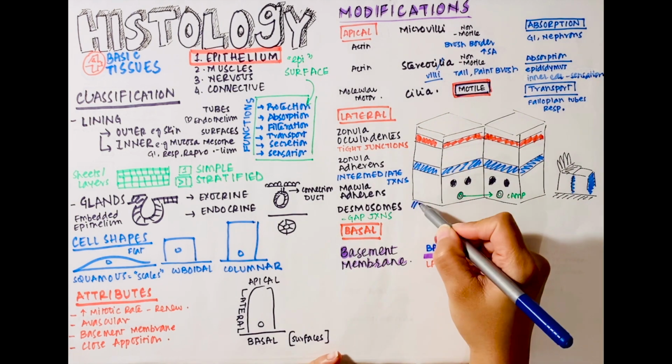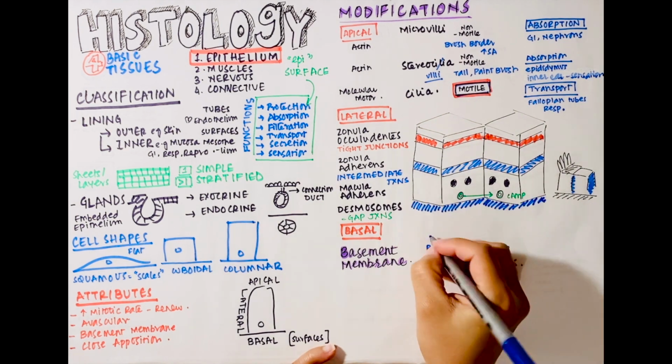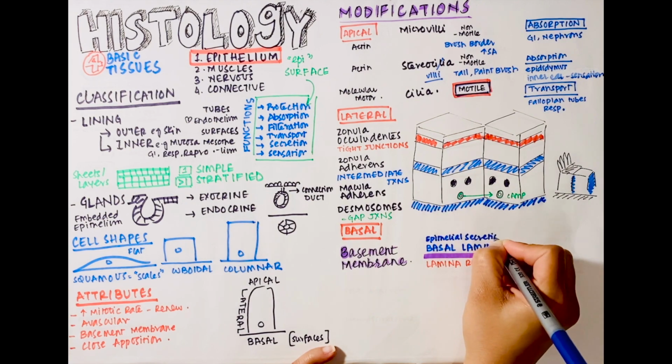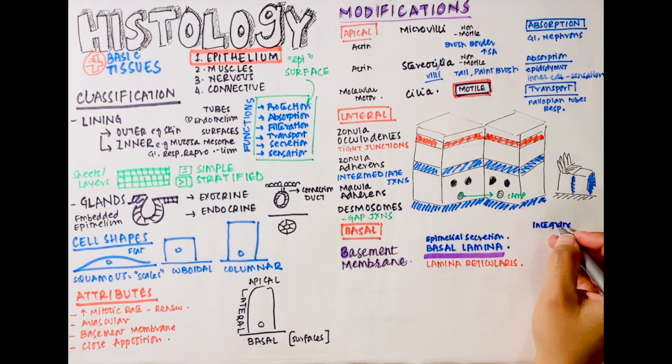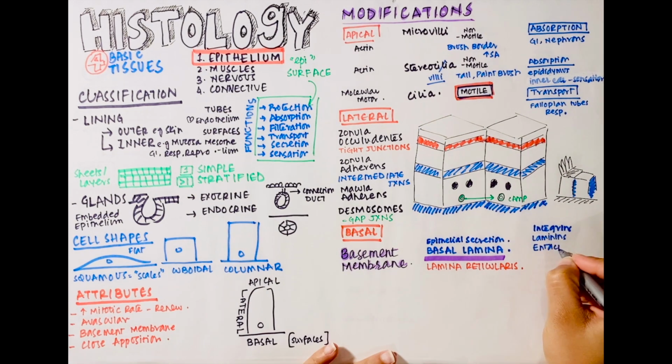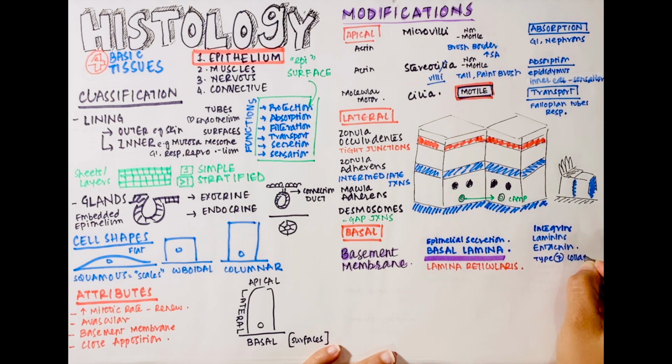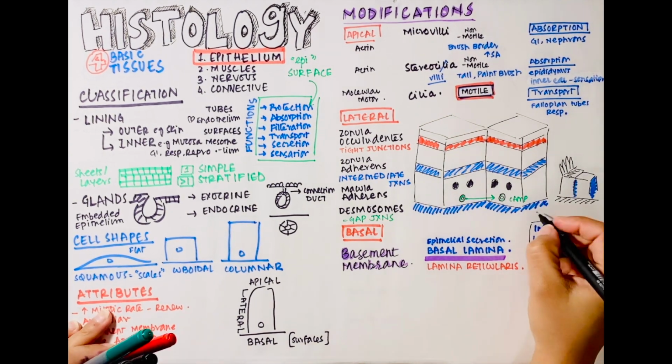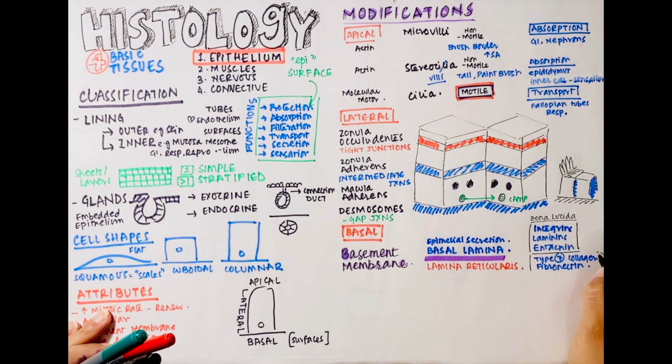Basal lamina is secreted by the epithelial cells, and it consists of a further two parts, which are the zona lucida, consisting of integrins, laminins, and entactins, as well as type 4 collagen and fibronectin, which form the zona densa. This is based on what they look like under the microscope.